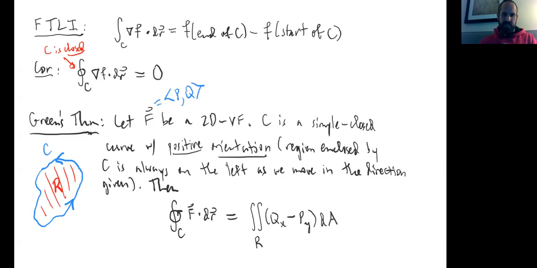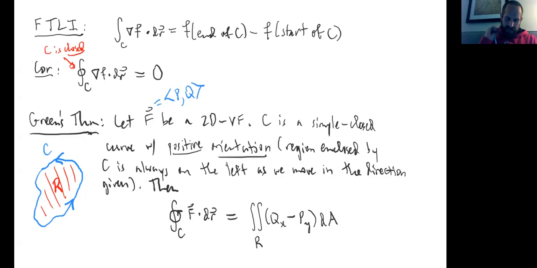So if you want to compute the work integral for this vector field around this curve, as an alternative you can just compute the double integral over the region of this difference between partials, the x derivative of Q and the y derivative of P.